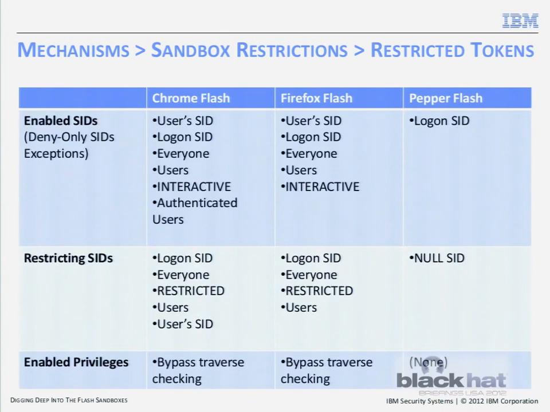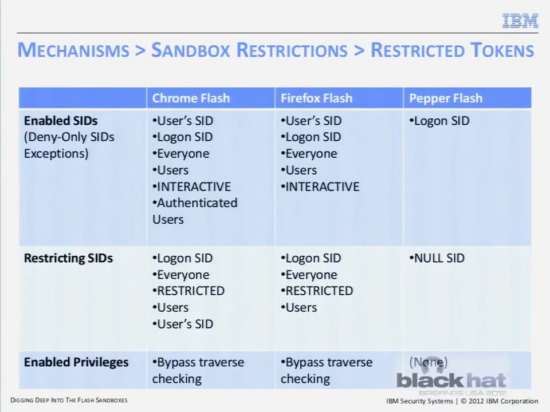For the restricted tokens, as you can see, Flash has no enabled privileges. And if you look at the combination of deny-only SIDs and restricting SIDs, Flash has the most restrictive. It is very difficult to find a resource that this restricted token can access.